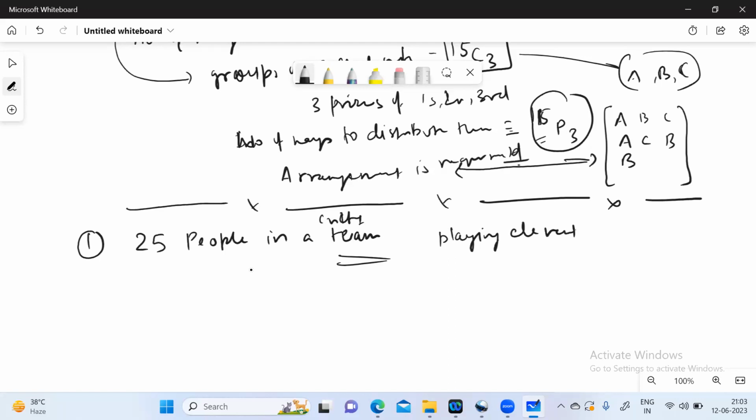So the number of ways we can identify the playing 11 is how much? Do we need arrangement here in order to pick a playing 11? No, sir. So the answer would be 25C11.